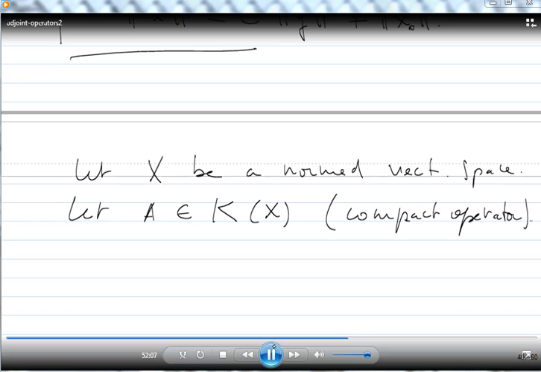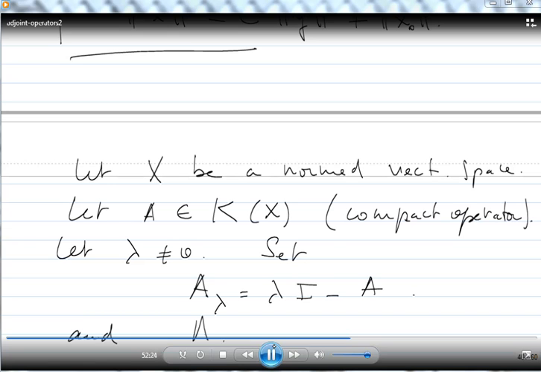Let lambda be different from 0. Set A lambda to be lambda I minus A, and then we take the adjoint: A lambda star equals lambda I star, the identity of X star, minus A star. Remember that if A is compact, A star is also compact.